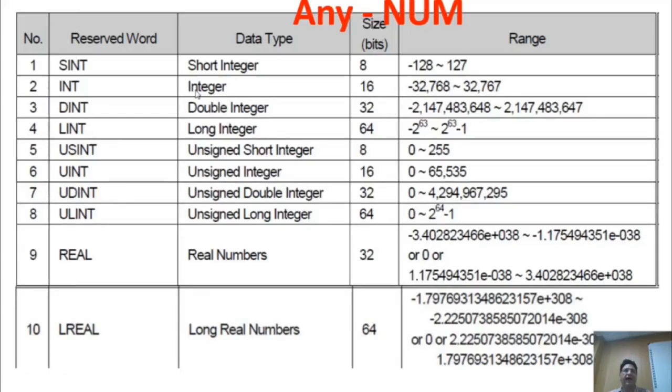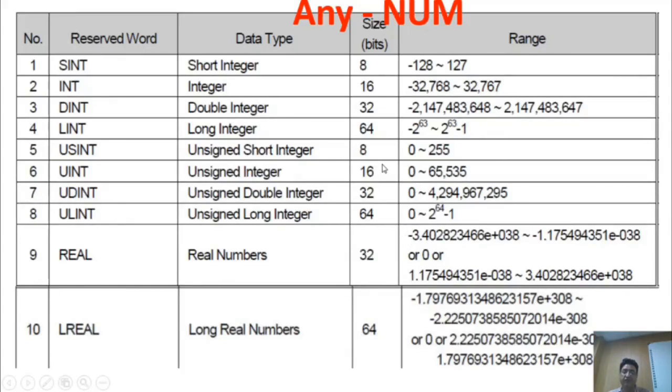Depending on the number we want to use, we have to choose one of these data types. For example, if our number is between -128 and 127, we can choose the data type short integer.